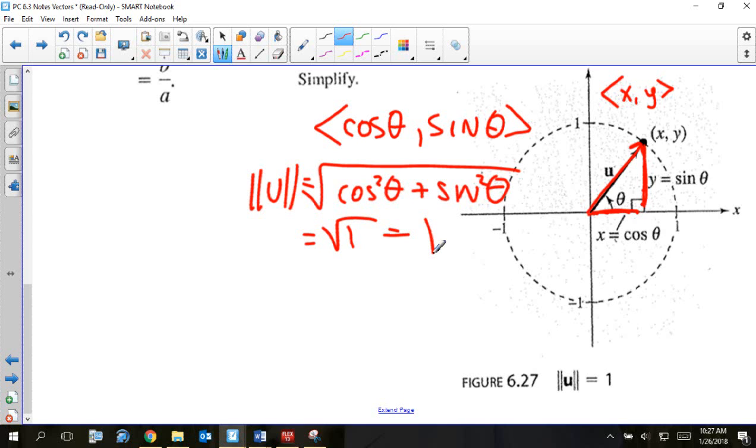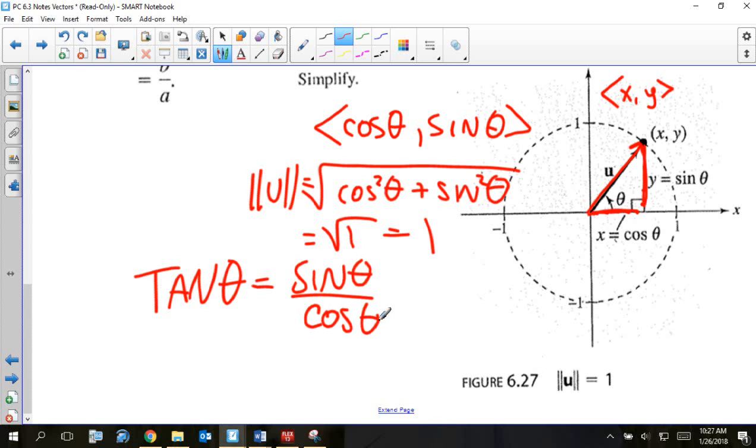Tangent theta? What is tangent theta? Sine theta over cosine theta. Like the properties, the identities.